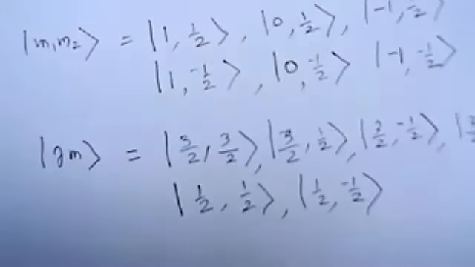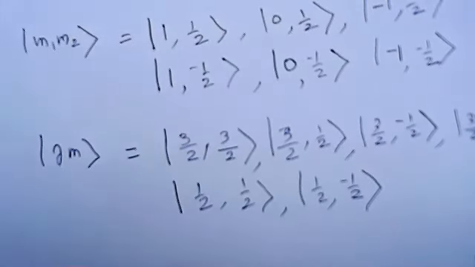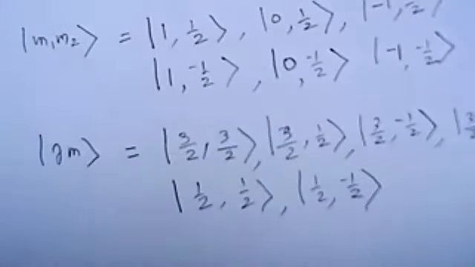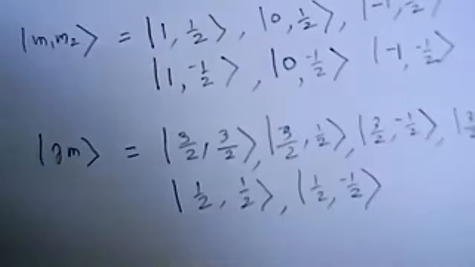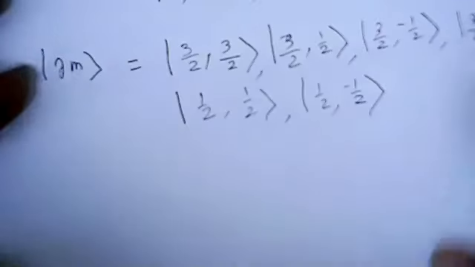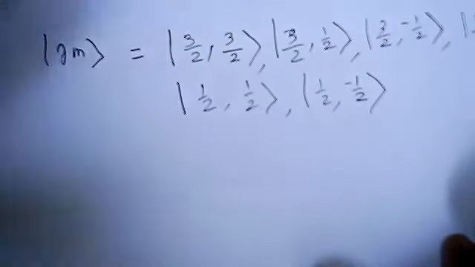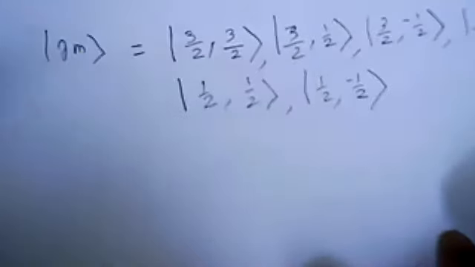Now, for clarity, we can write this as a table. I will write it here. So this example, we are going to write as a table of values.